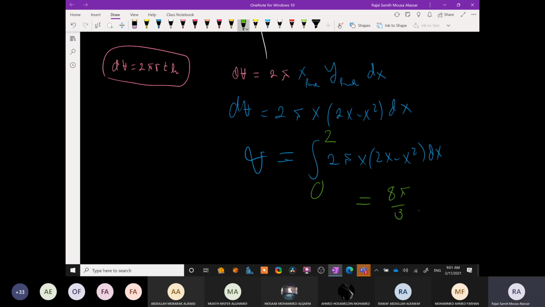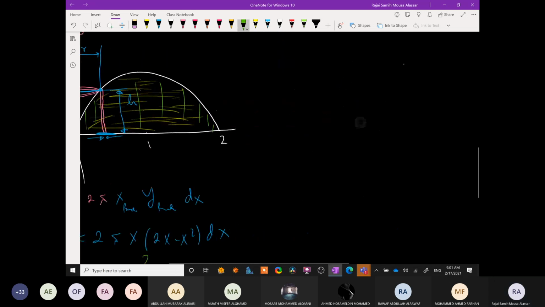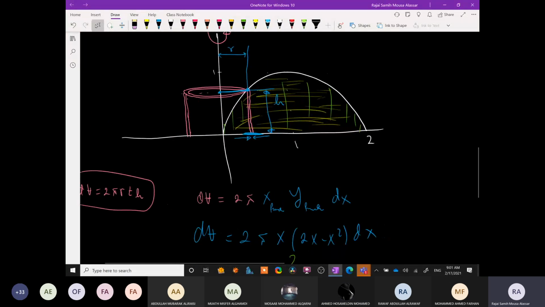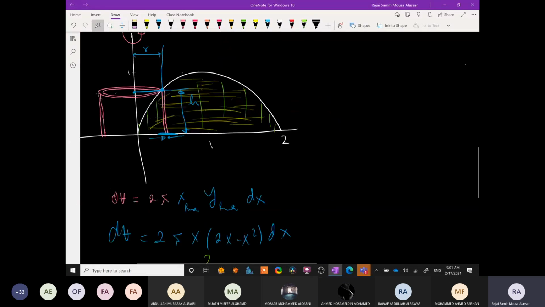Okay, back to your friend's question. What happens if we do it by the disk method? Is everybody happy with this? That's very simple. Now let's see what happens if we do it by the disk. So this is 2, and you take this sample that is perpendicular to the axis of rotation and rotate it.